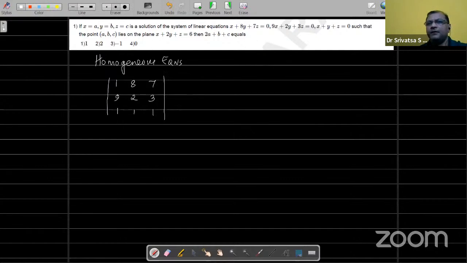Okay. And you know that x equal to a, y equal to b, z equal to c is a solution, right? That's also another thing important to know. So this determinant should go to 0. And this point ABC should lie on the plane x plus 2y plus z equal to 6. Okay. So you can quickly verify, is this determinant going to 0?